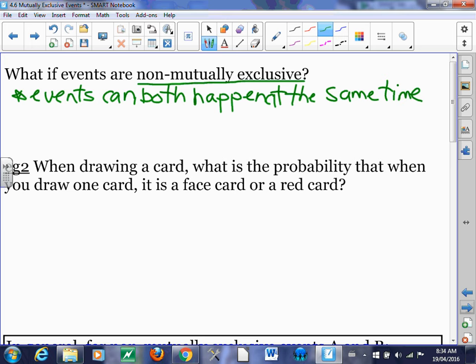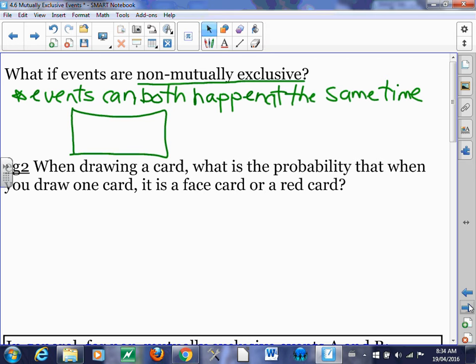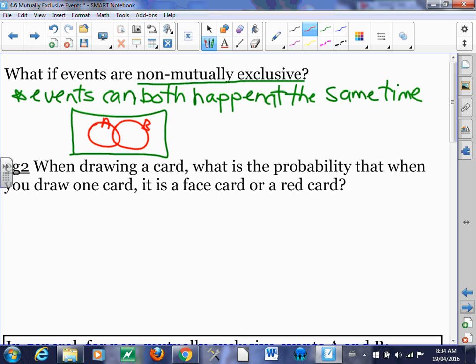Okay? And if they happen at the same time, folks, if I take a look at my sample space and I have a Venn diagram and I let one be event A, and the other event B, you could have an overlap, meaning they could occur at the same time. So if they're non-mutually exclusive, look for the overlap in the Venn diagram, VD for Venn diagram.